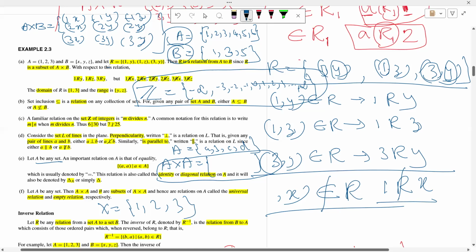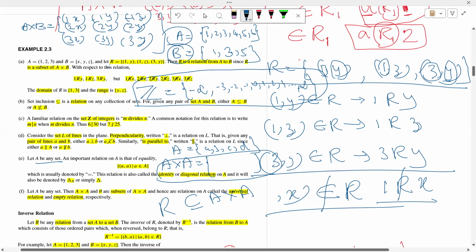Then the set X itself, the empty set, and the set itself are subsets. So for A cross A, the A cross A is also a subset. A relation R is a subset of A cross A, right?